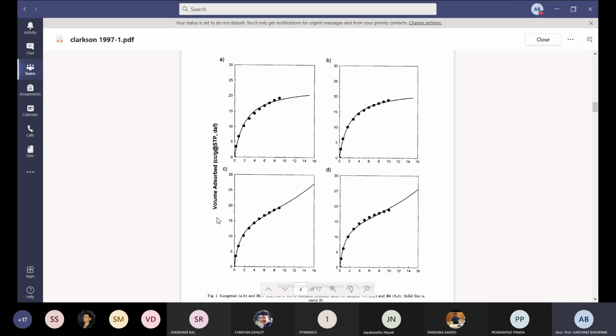And here also you can see the volume adsorbed is expressed in cc per gram, cubic centimeter per gram, at STP, standard temperature and pressure. Standard temperature and pressure is assumed here.